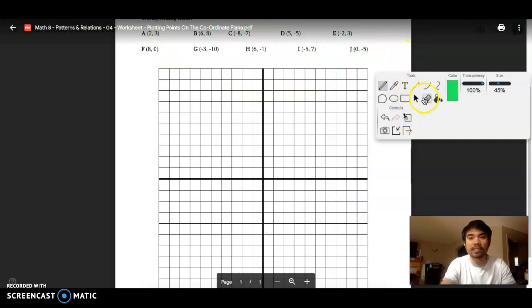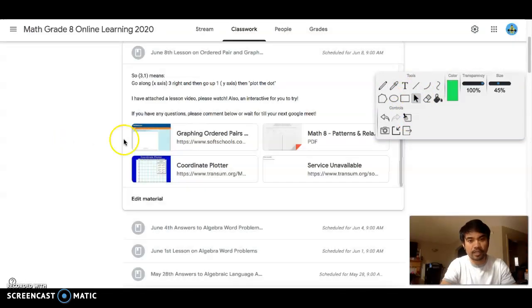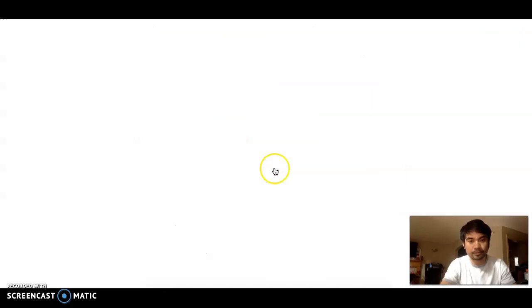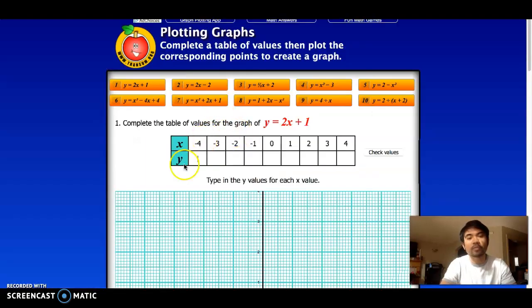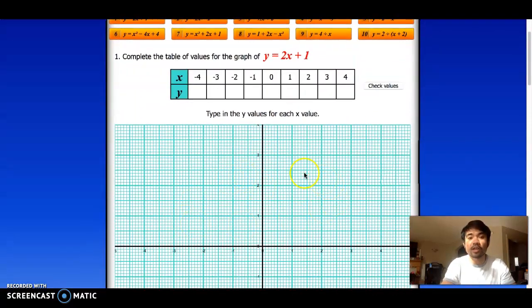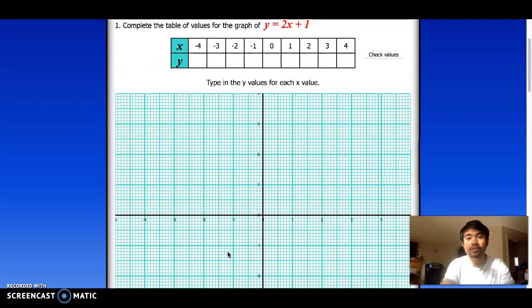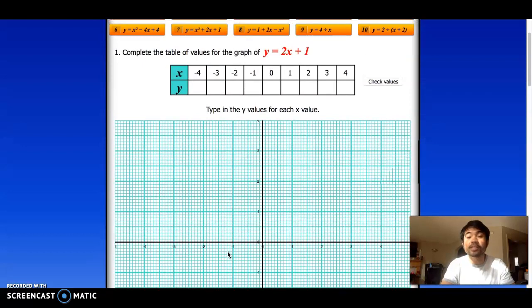Now, let's see what else. So, what if you get an equation and you need to solve it? You need to plot it on the graph. Well, first and foremost, you need to use substitution, okay? You know your x values and you need to substitute in the equation so that way you know what your y value is.